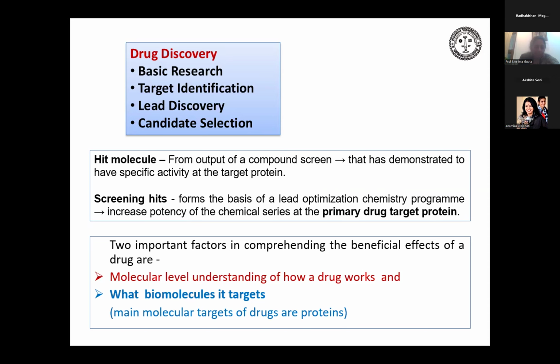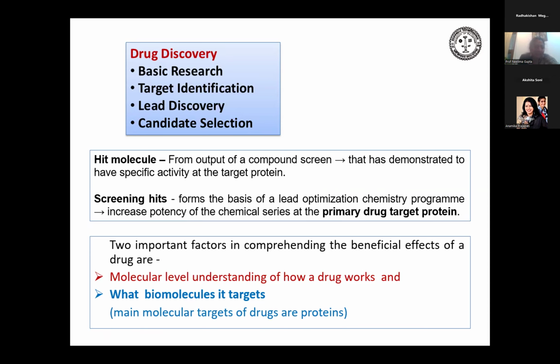So you must have by now come across such terms, the hit molecule, how to screen the hits. A hit molecule is actually a molecule which has been shortlisted from the output of a compound screening that has demonstrated specific activity at the target protein.